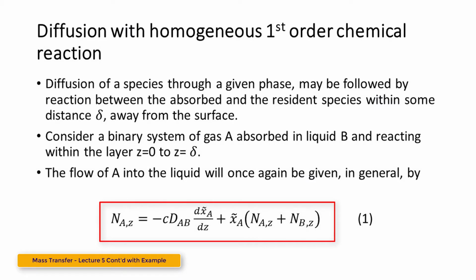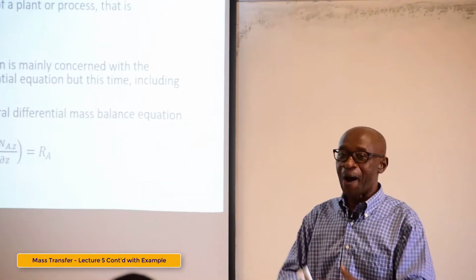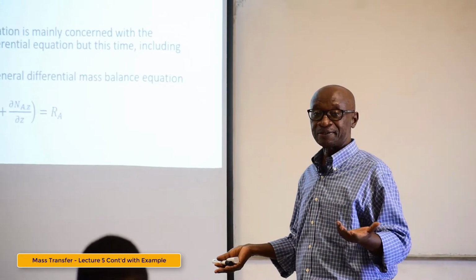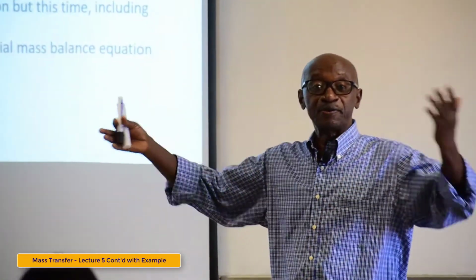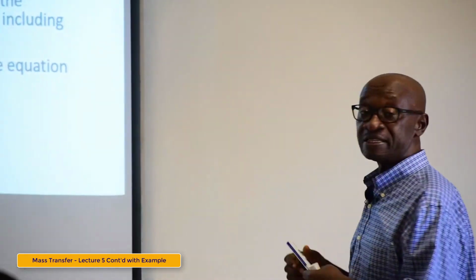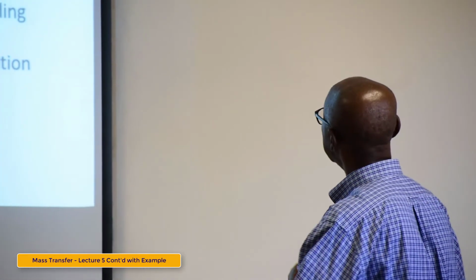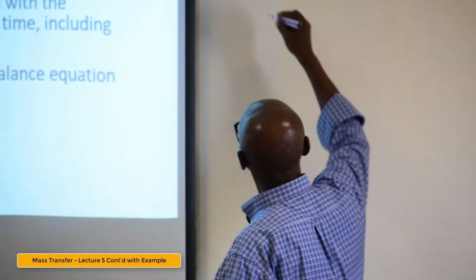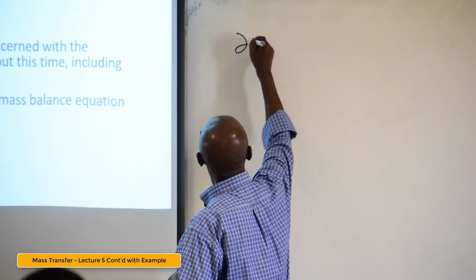Okay, so if we could solve this equation in its entirety, then we don't have a problem. Then we can do all our flux calculations and use it for design purposes. But unfortunately, that is not possible. So we did an analysis.